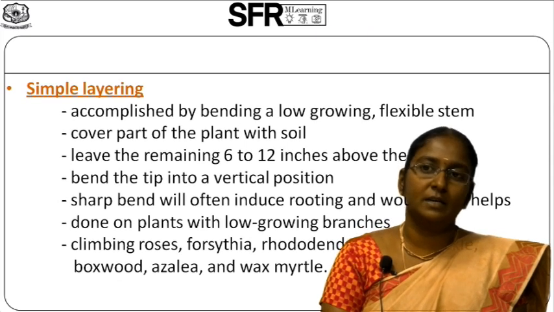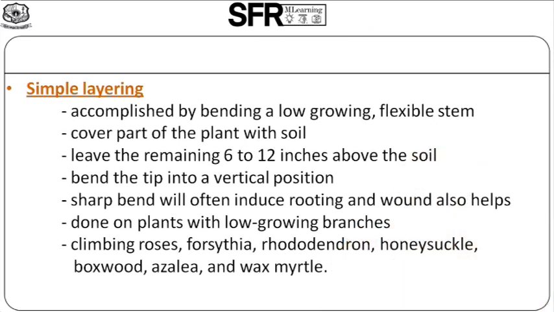In simple layering, the accomplishment is done by bending a low-growing stem, which means a stem near the ground should be selected, so that it will be easy for us to bend. The stem in the lower part of the plant should be selected, and it should be long and flexible. This is the criteria we have to check before doing simple layering.